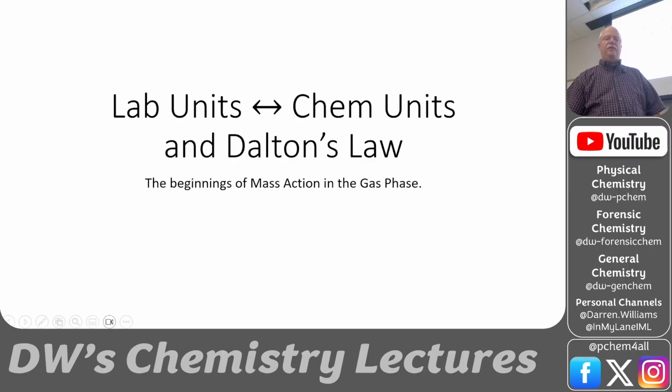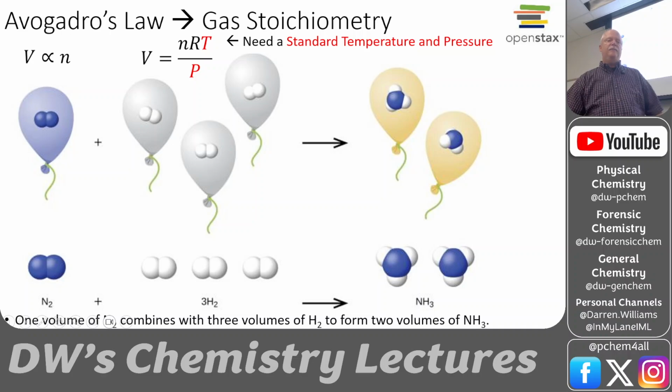This is the beginnings of doing reactions in the gas phase. And this is where Avogadro's number came from, his law that the amount of particles in a gas is proportional to the volume. So in this case, we have a gas reaction, we put in 4 moles of gas. We have 1 mole of nitrogen and 3 moles of hydrogen, and they react, and the system shrinks.